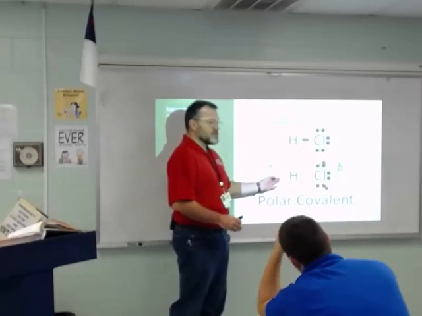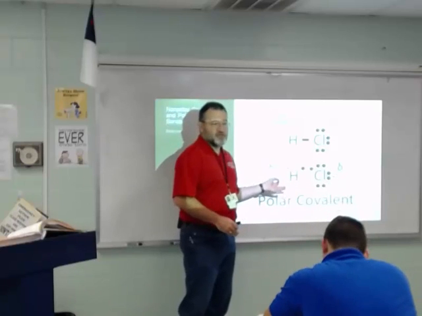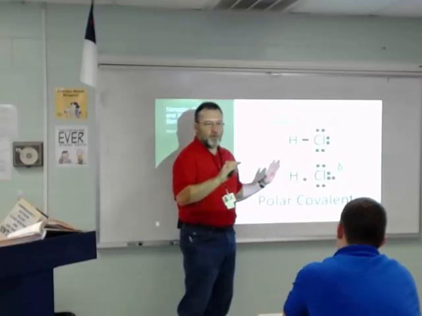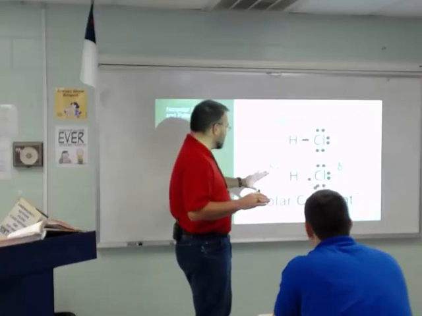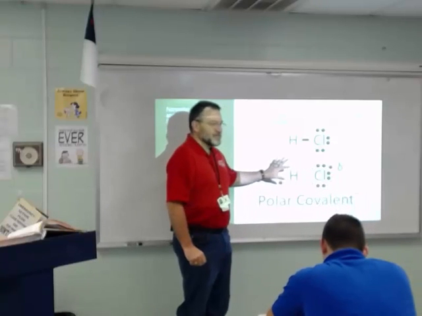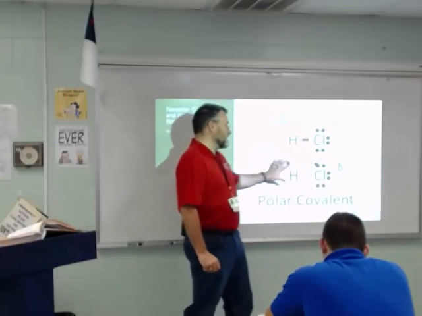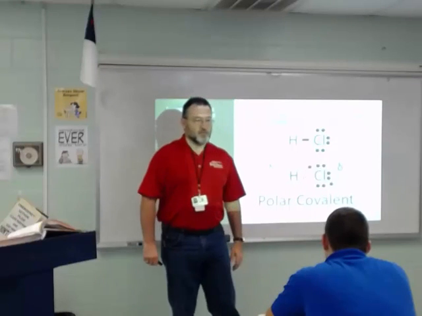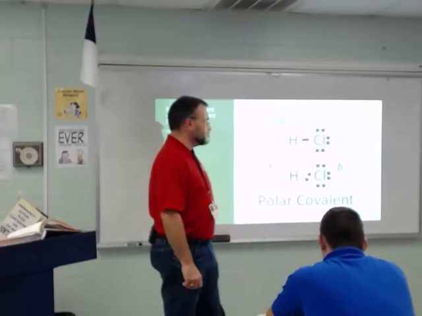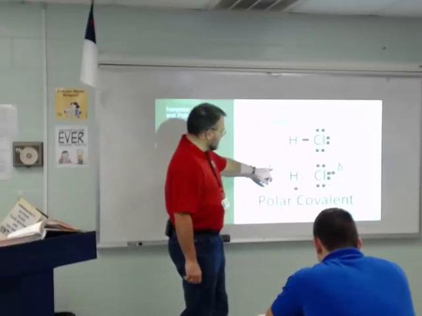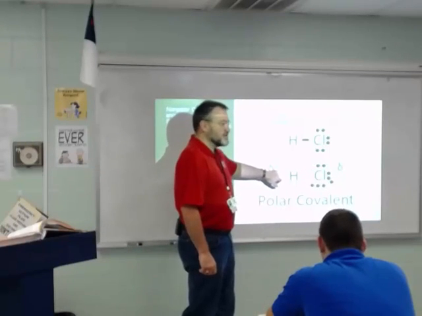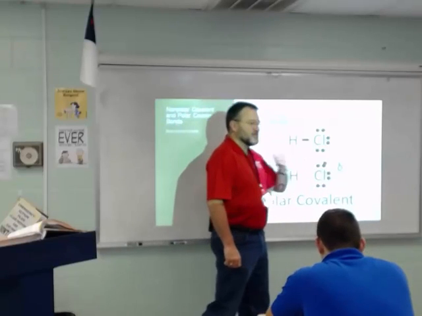Why? This other side occasionally has both electrons over here, but on the whole, on the average, it sees the electron less. And because it sees it less, it's relatively positive compared to the other side, which tends to be more negative. And so the symbol just means partial. It's partial positive and partial negative.